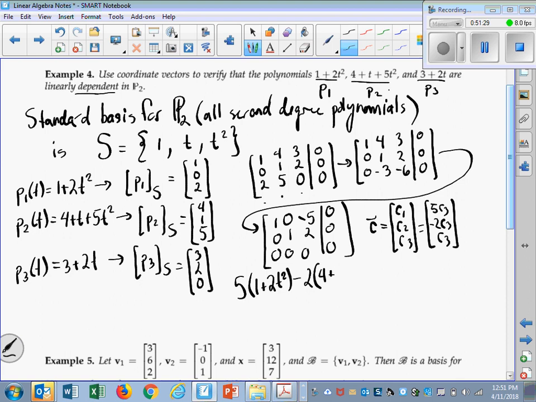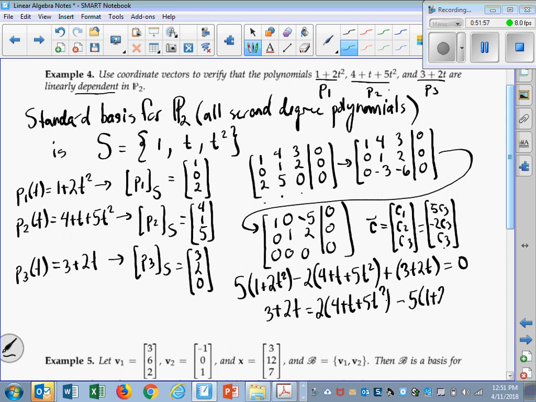So if I subtract these two to the other side, then 3 plus 2t is equal to 2 times 4 plus t plus 5t squared, minus 5 times 1 plus 2t squared. So what that tells me is that P3 of t is 2 P2 of t minus 5 P1 of t.